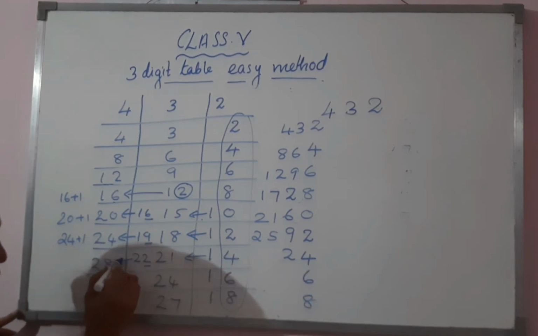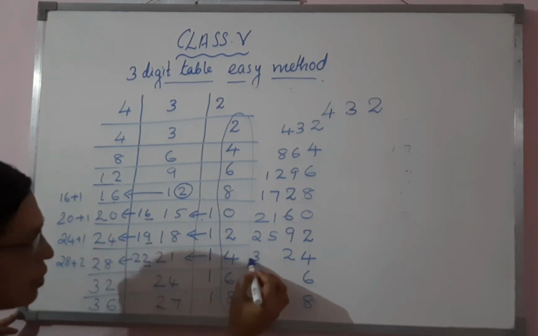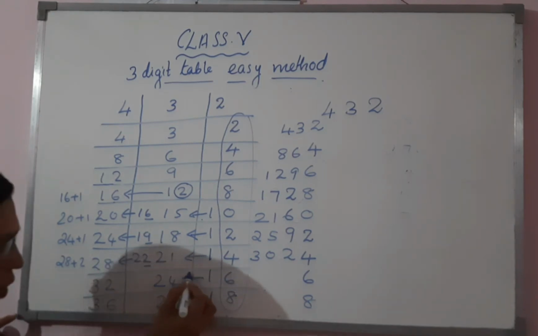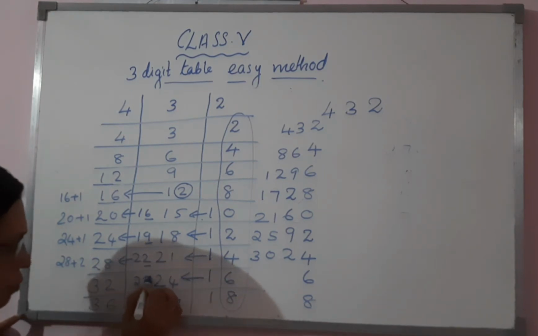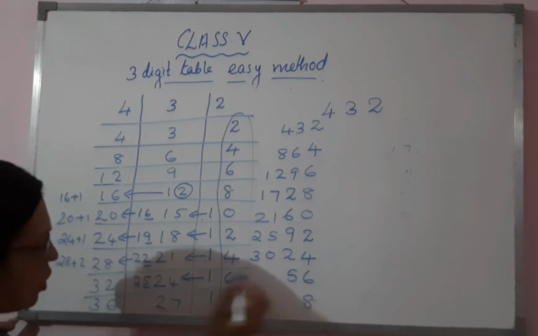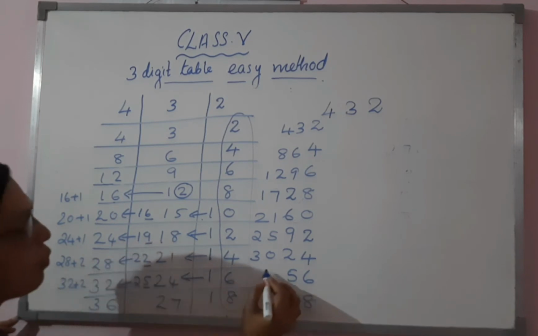Here this 2 we should carry here, 28 plus 2. Answer is 30. Very easy. Now 24, this one carry here, 24 plus 1, 25. So 5 you should write here. 2 we can carry here. 32 plus 2, 34.